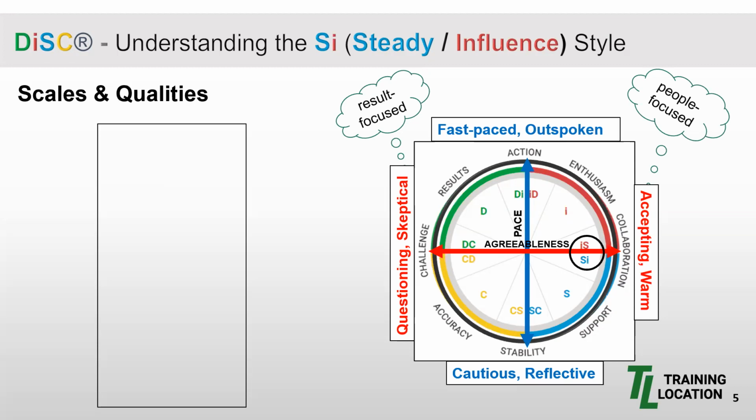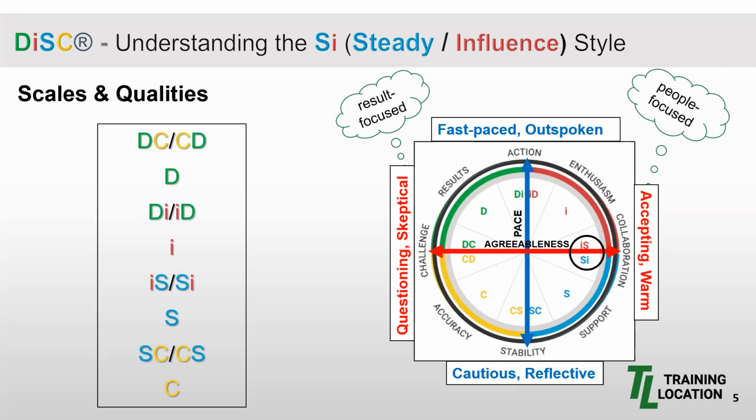For example, the SI and IS, as you can see, are physically paired together and as such share qualities. Same is true of the CS and SC and the CD and DC styles and the ID and DI proximity and styles. The result is 8 DiSC scales instead of 12, which you might expect. So we have 12 styles contained within 8 scales.